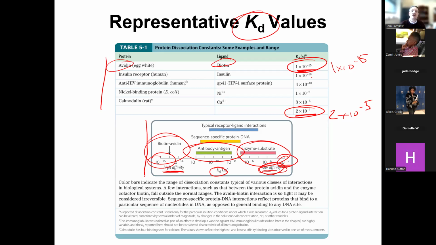But the point is that KD value is a range. If it's a small number further from 1, it's indicating tight binding. If it's a big number closer to 1, that's indicating loose binding.